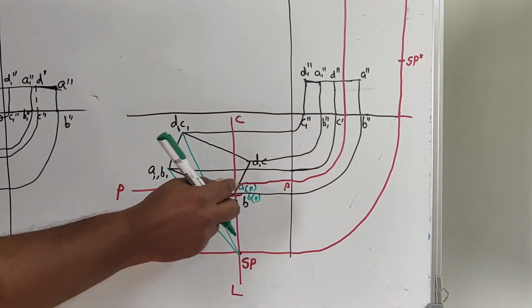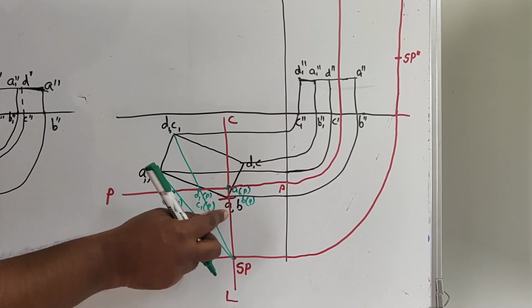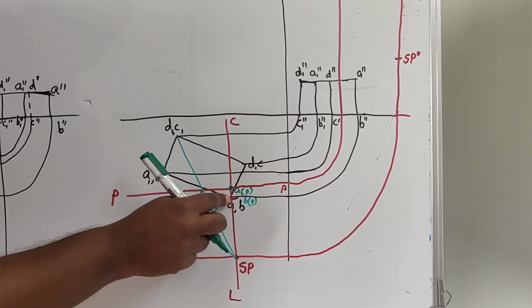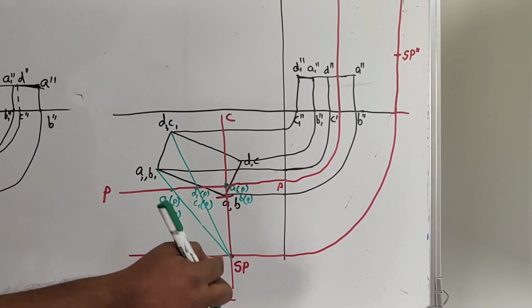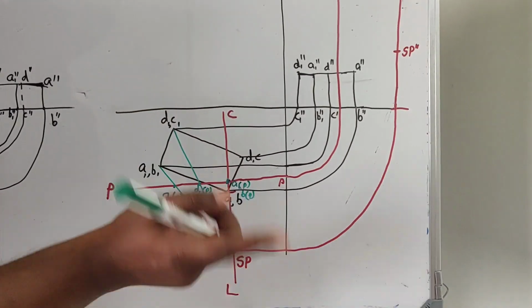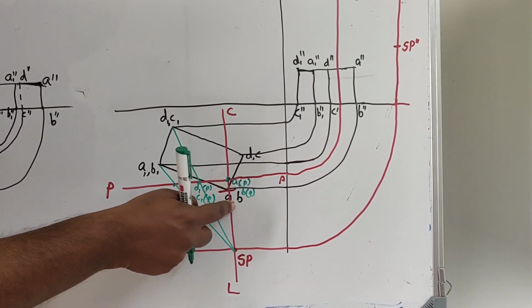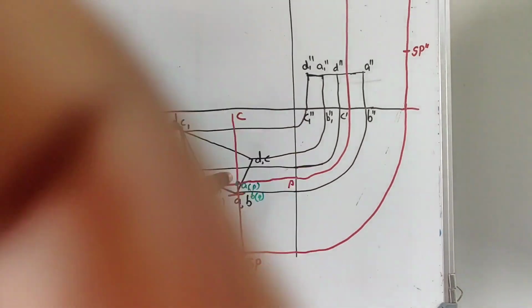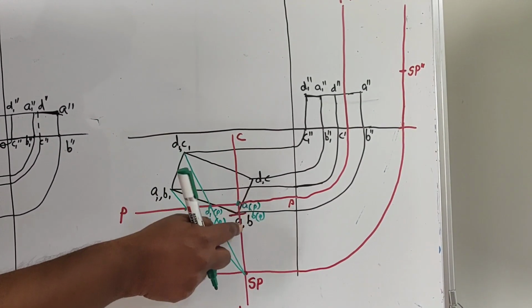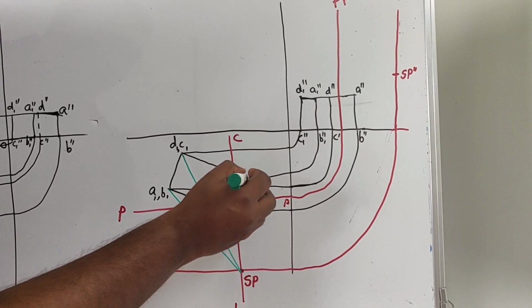I think you got the idea, because AB is below the picture plane or in front of the picture plane. So you are not having the picture plane below that. So when you are connecting it with SP, there is no intersection. So in order to intersect that, you have to draw the line through AB, which will intersect the picture plane at this point behind AB. That is AP and BP. Now you have D and C.